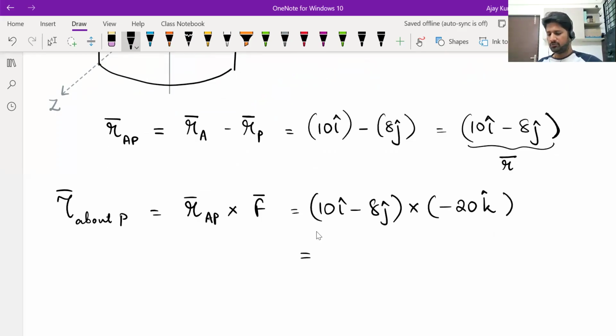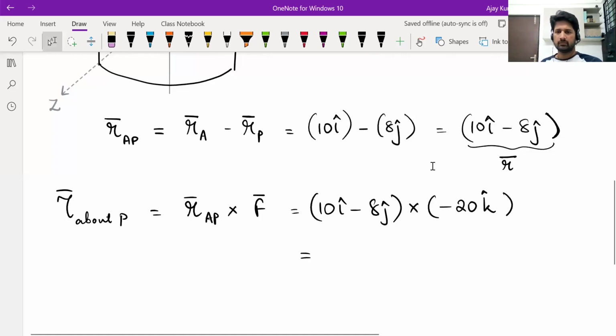Calculate this cross product quickly. I got two answers as 160 I cap plus 200 J cap.